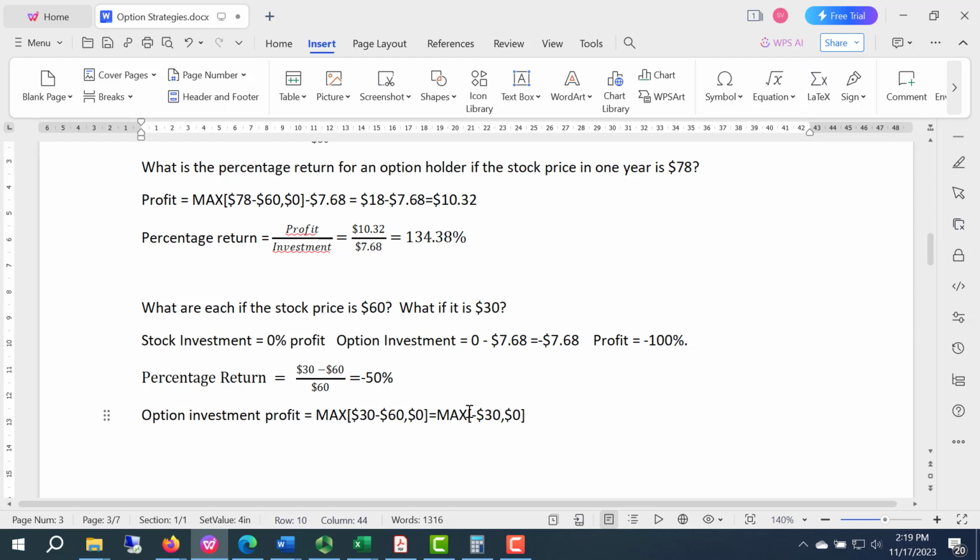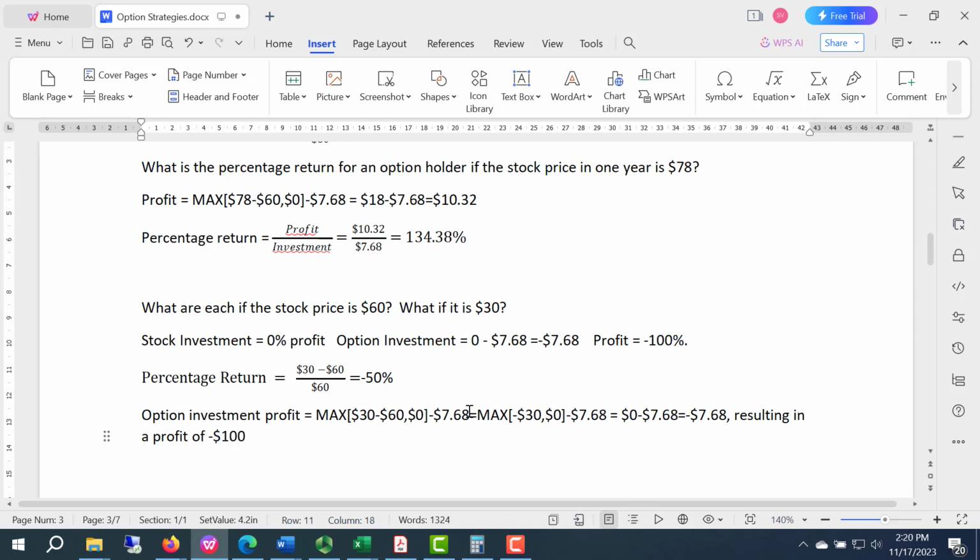Sorry. And so we get 0 minus 768. So our answer again is a negative 768, which results in a profit of, again, negative 100%.